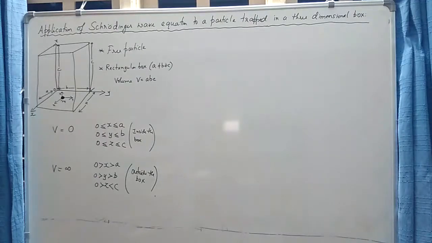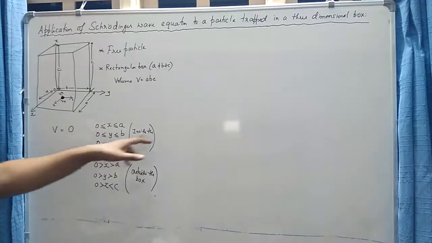Just as we treated potential energy as equal to 0 in the one-dimensional box, here also we are treating the potential energy as equal to 0. That is purely for our convenience, assuming that potential energy V is equal to 0.